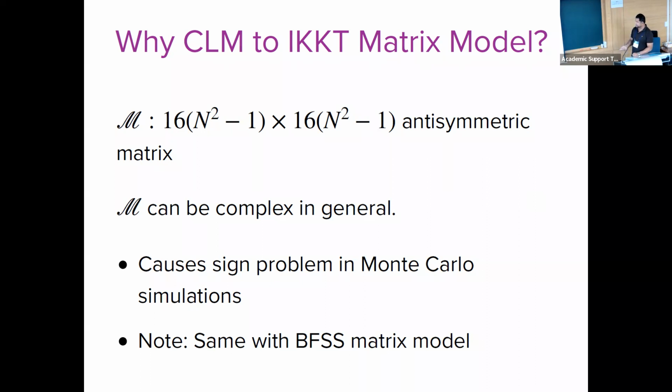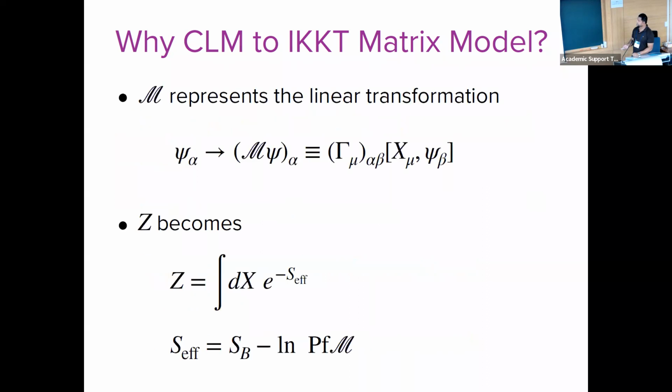This is the same with the BFSS matrix model. It has a mild sign problem when we do Monte Carlo. Again, how do we represent M? It is represented through this linear transformation, M acting on psi. Now let's bring this Pfaffian to the exponential: exponentiate and take the log.